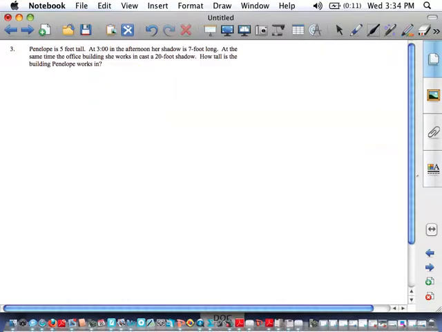Okay, number 3. Penelope is 5 feet tall. So here's Penelope, lovely little stick figure. She is 5 feet tall. It says at 3 in the afternoon, her shadow is 7 feet long.